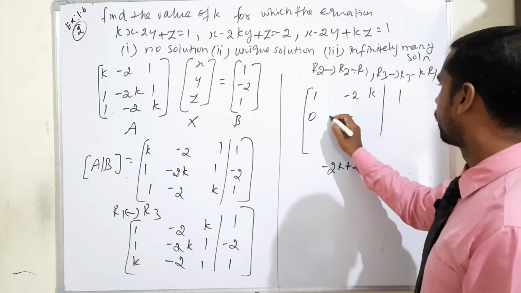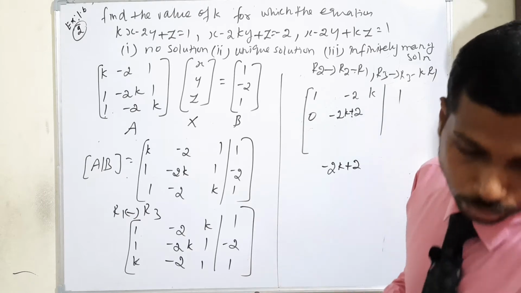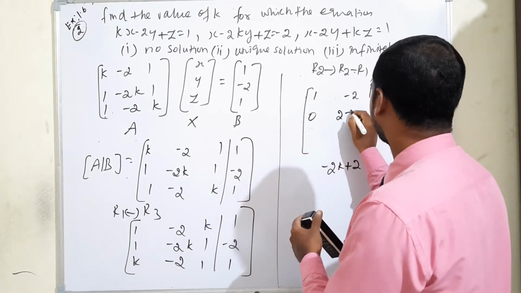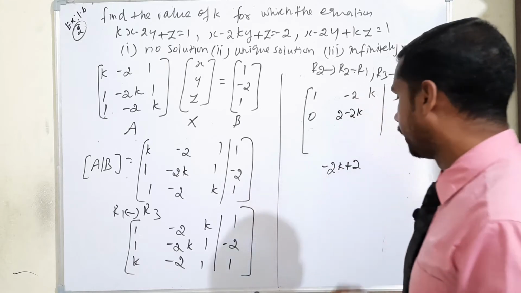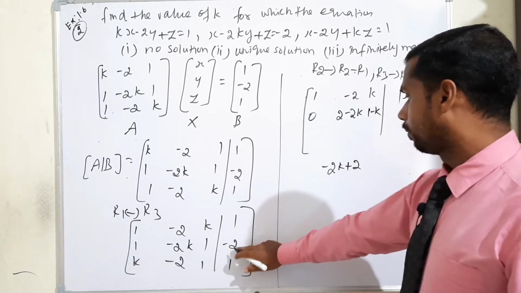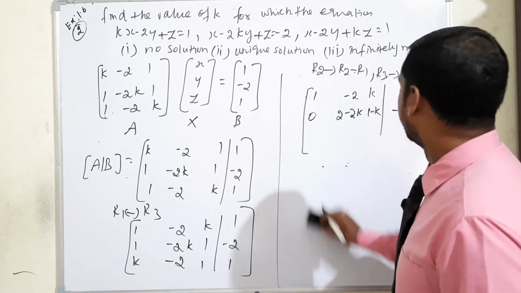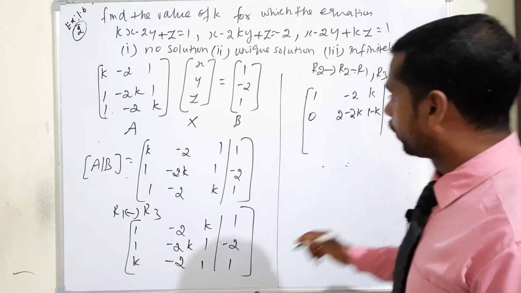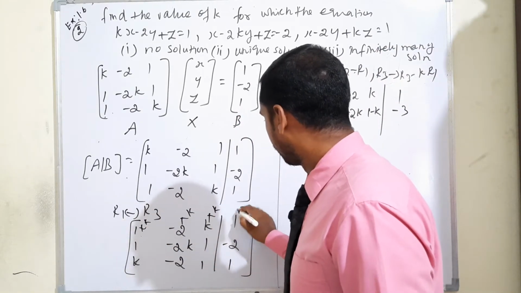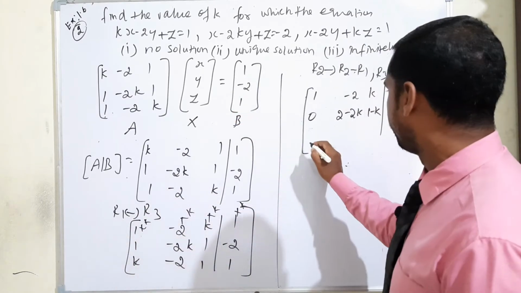We can write it as 2 minus 2k. Next, 1 minus k. Here minus 2 minus 1, minus 3 will come. Next, each time multiply by k: k minus k is 0.